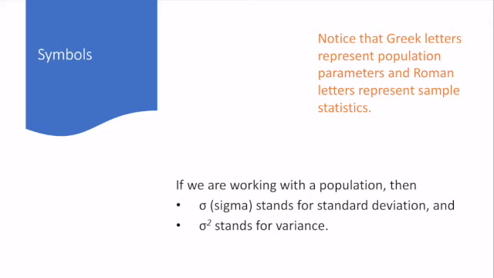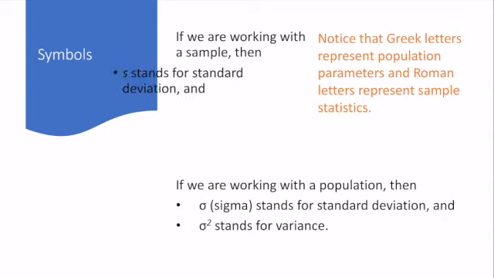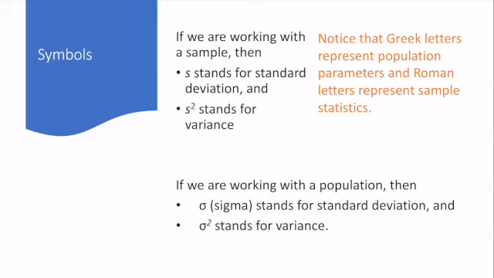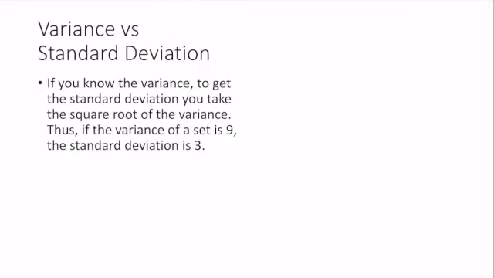Notice that Greek letters represent population parameters and Roman letters represent sample statistics. So if we know the variance, we can get the standard deviation. So if our variance is 9, the standard deviation is 3.